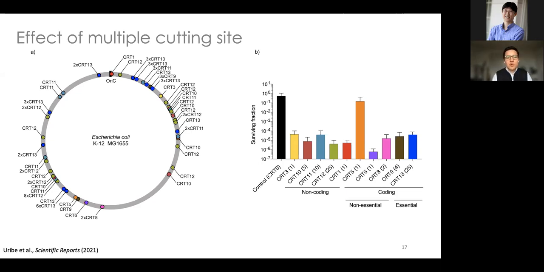So at this point, what we concluded from this experiment was that the level of Cas9 is important, but the number of target sites is not as important. There seems to be other ways in which the level of potency of the target site is regulated, which is still not completely clear.